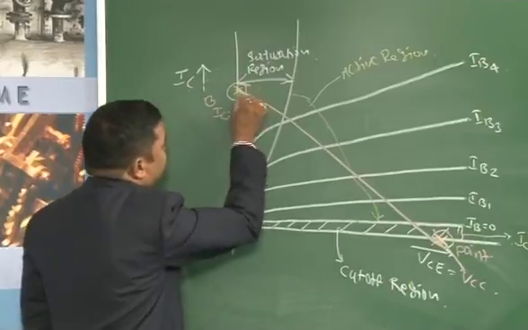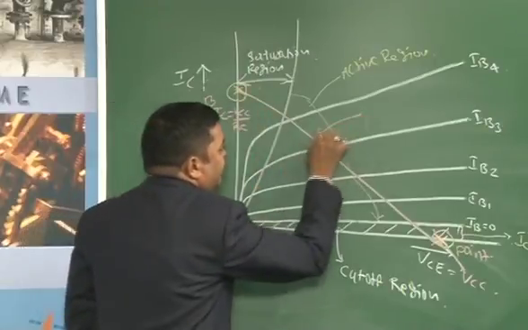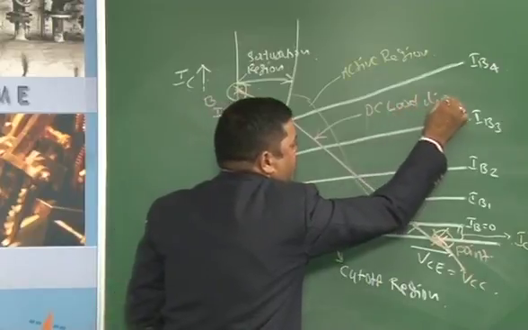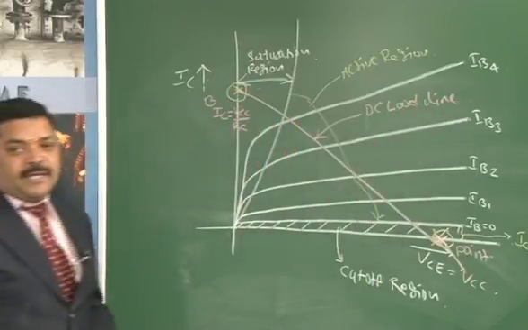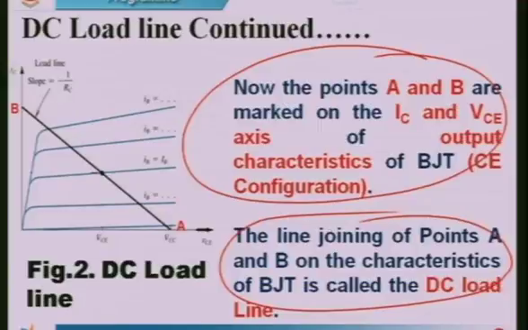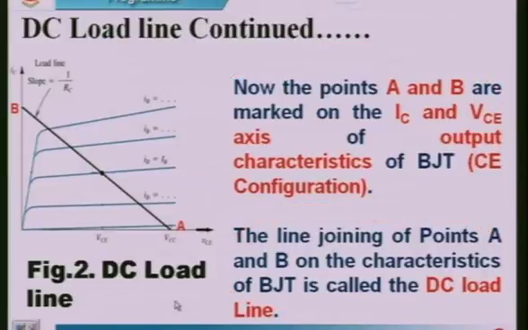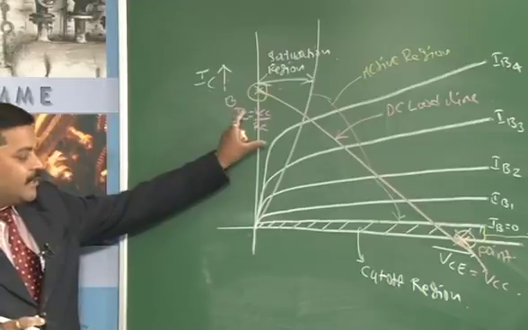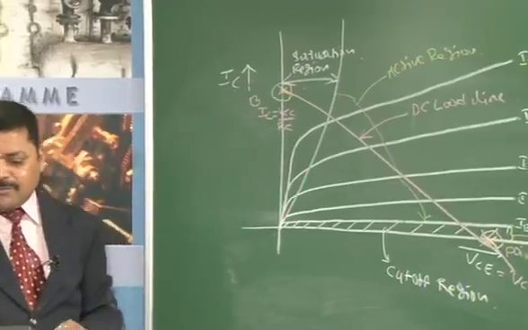Let us join these two lines, and this line is called as a DC load line. Why it is called as DC load line? Let us take the slope of this line.